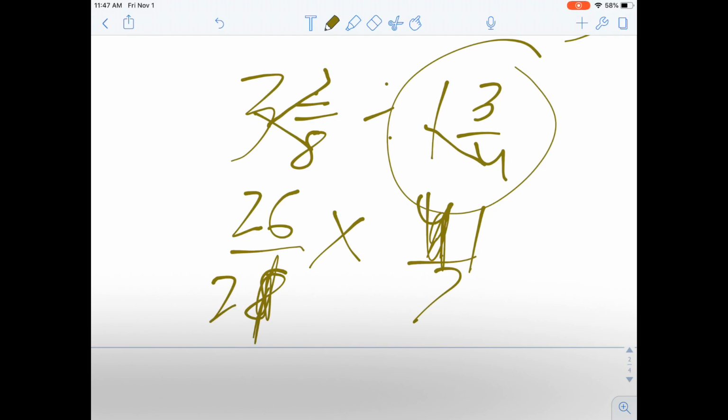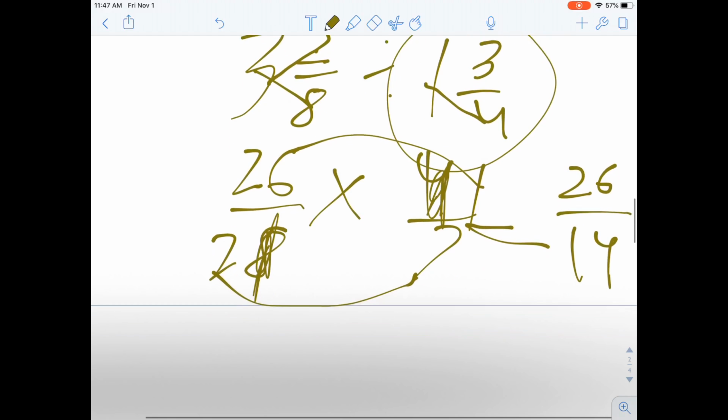And then 7 can't go in the 26 because 7 times 4 is 28, and 7 times 3 is 21. So then we do 26 times 1 equals 26, and then 2 times 7, which equals 14.